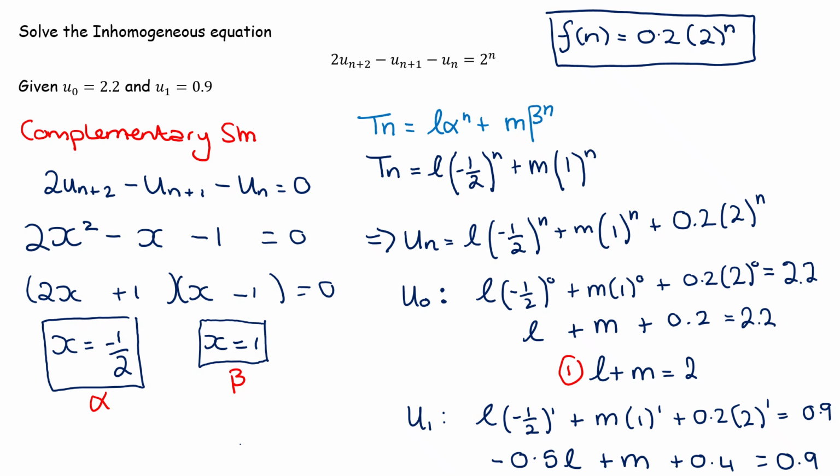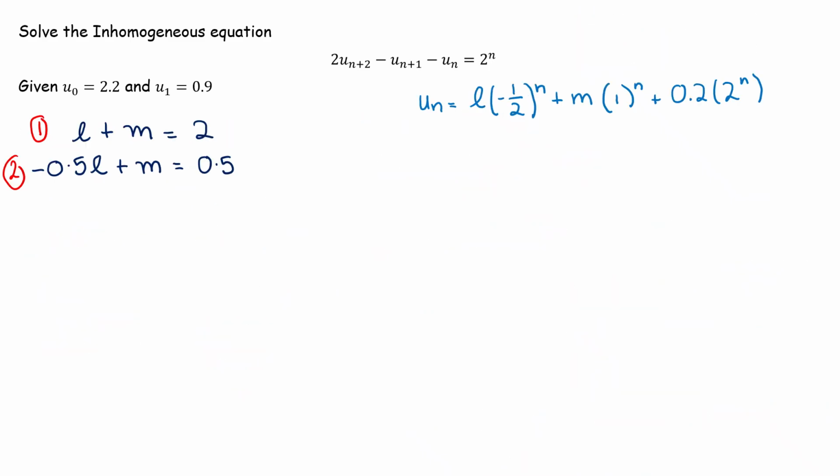And actually, if I can clean that up, that's going to be just equal to 0.5, just because I have run out of space. So that's equation 1 and equation 2, and now we're going to need to solve those simultaneously.